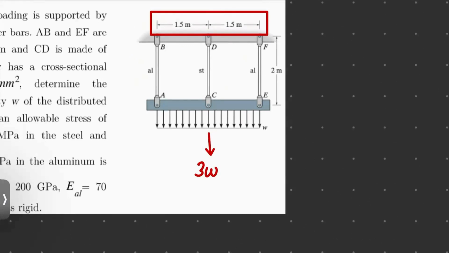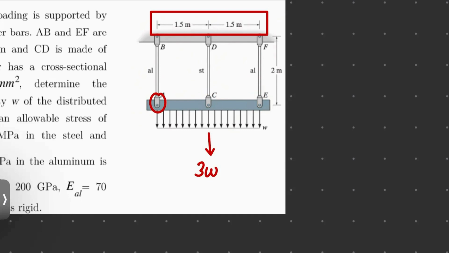So the intensity is the loading, and we also know from the figure that the rigid bar has 3 supports that would be extended because of the weight of application.